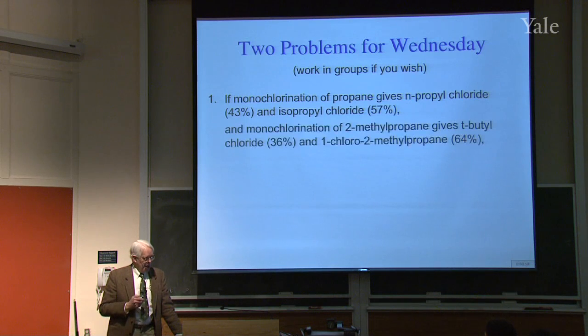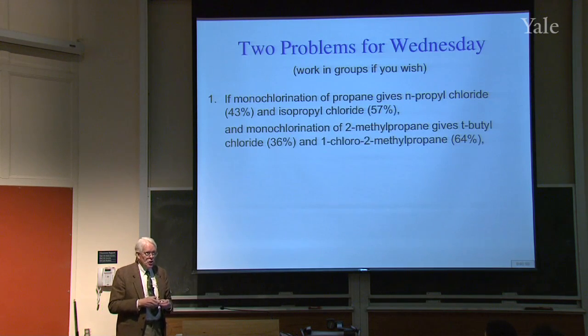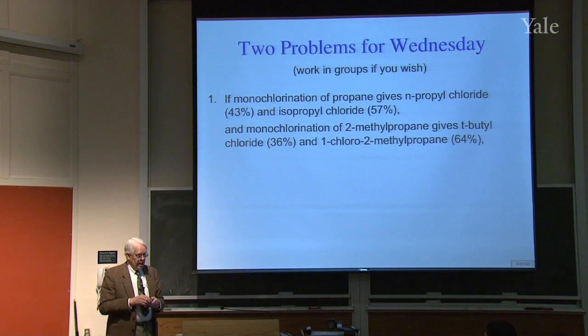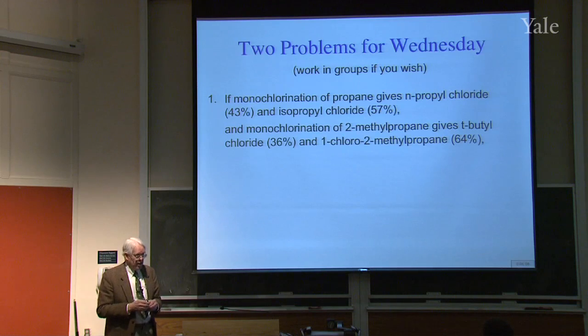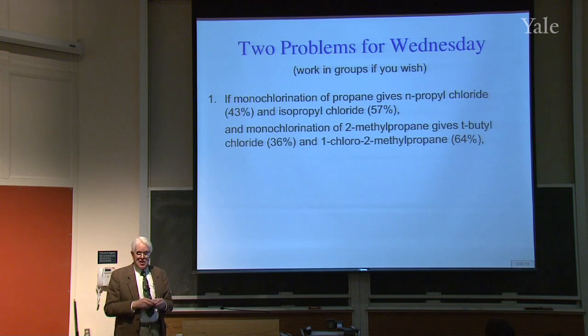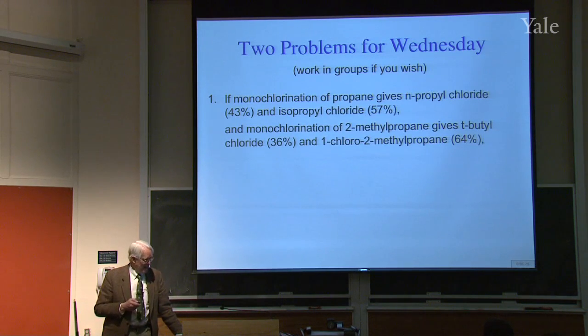So if that, and if monochlorination of 2-methylpropane, that's called isobutane also, gives t-butyl chloride and 1-chloro-2-methylpropane, in 36 and 64% yields. Notice this is a little test also on knowing what the structures are of compounds that have these names.